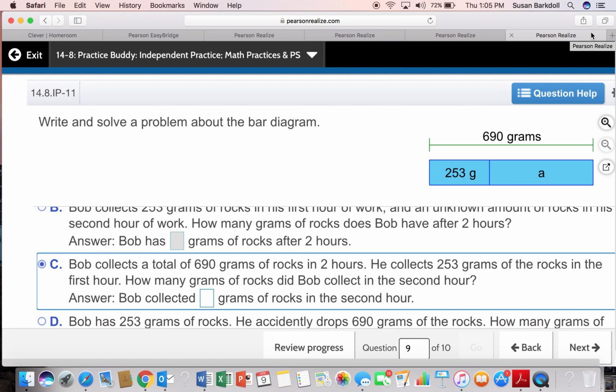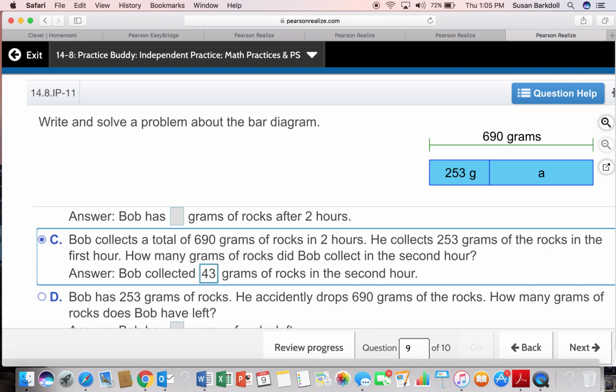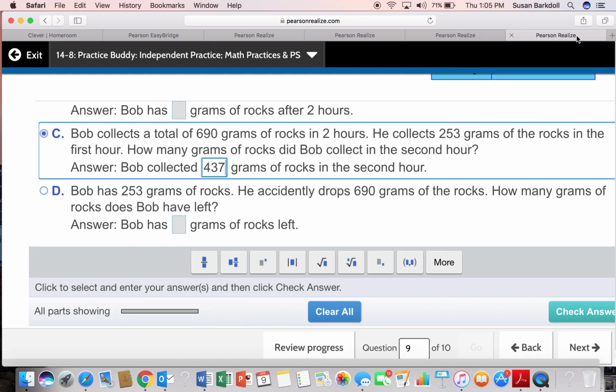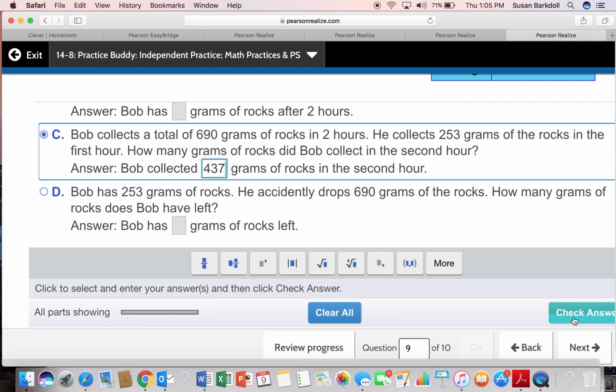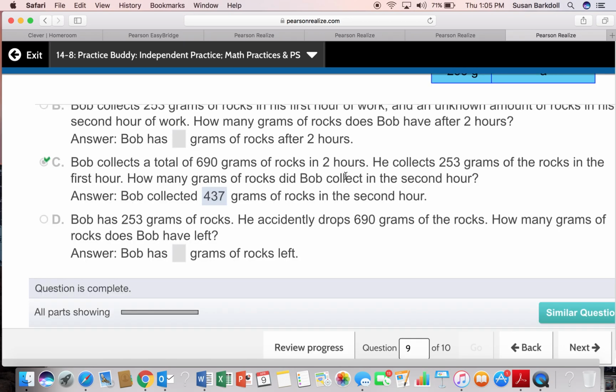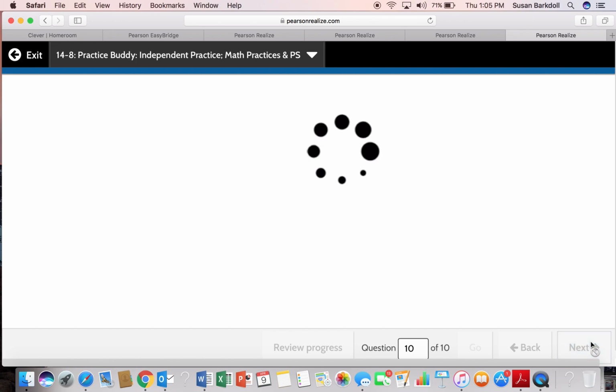That is going to leave me 437 grams of rock in the second hour. Okay, so bingo. Okay, now I have one more question.